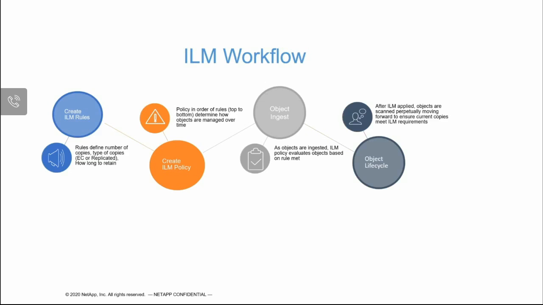If you change a policy, we will scan that object based on the new policy and adhere to whatever that rule might be. So bear that in mind as you craft ILM rules and the repercussions of what might happen if you change a rule or a policy in mid-flight. What happens to the existing data?